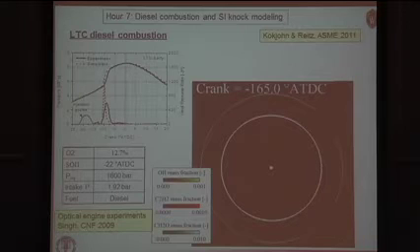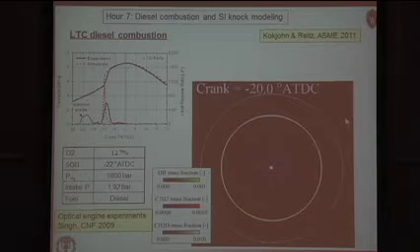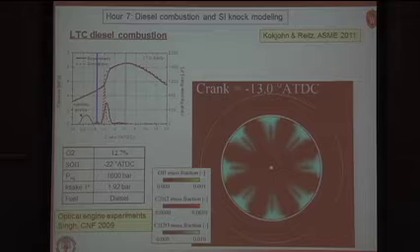Okay, so if we look at the low temperature combustion case, remember this is now where we have very early injection and then a long delay before combustion is evident. Here you see again a simulation. We've got injection occurring. You can see now the formation of formaldehyde, so low temperature combustion products that kind of spread all around.